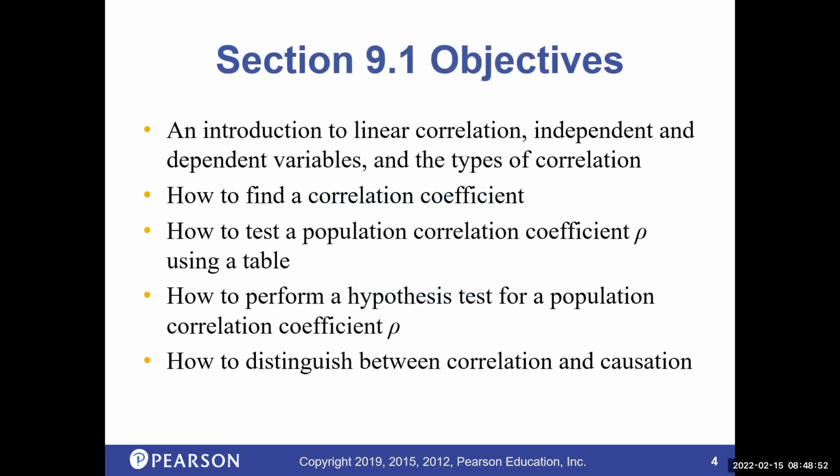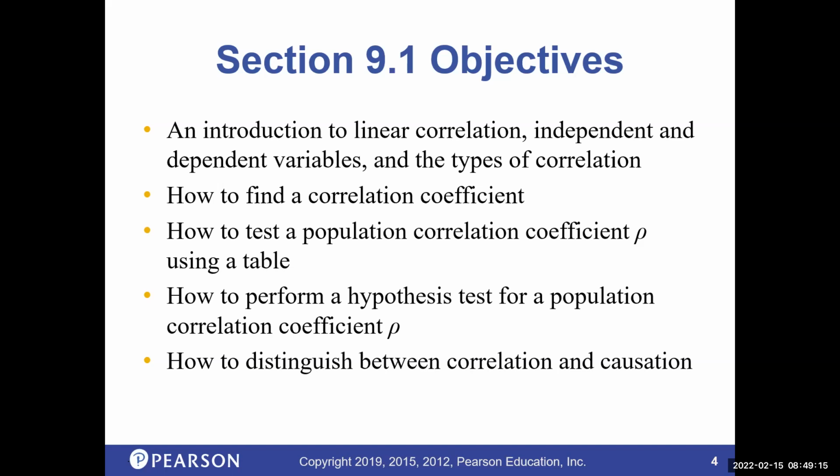9.1 is what we're doing today. The objectives today are an introduction to linear correlation, linear just meaning line, independent and dependent variables, and the different types of correlation that we can find within our data sets. We're going to learn how to find a correlation coefficient, and we're going to see how to test a population correlation coefficient.